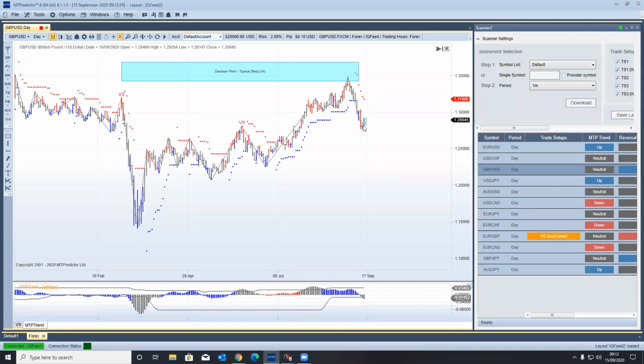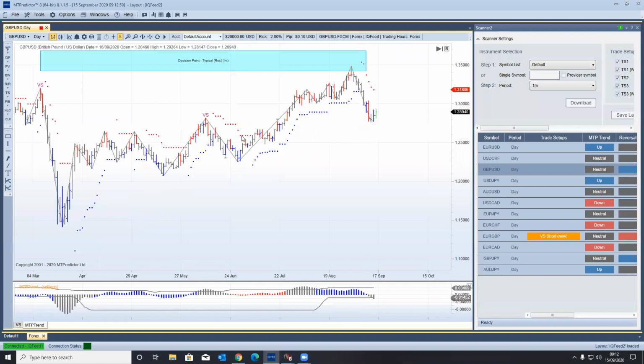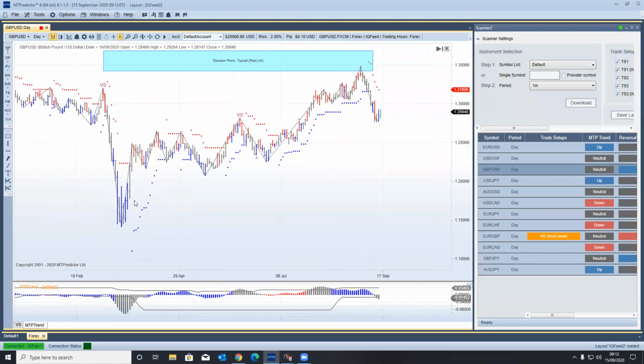No surprise there, but isn't it amazing that we've had this resistance zone on our chart for such a long period of time, and that's where the decline started from, absolutely perfectly. And this is why, when a market is moving up like this, it's so important to always be aware of the last swing into the previous high or low. So I thought that was a good one to be wary of.